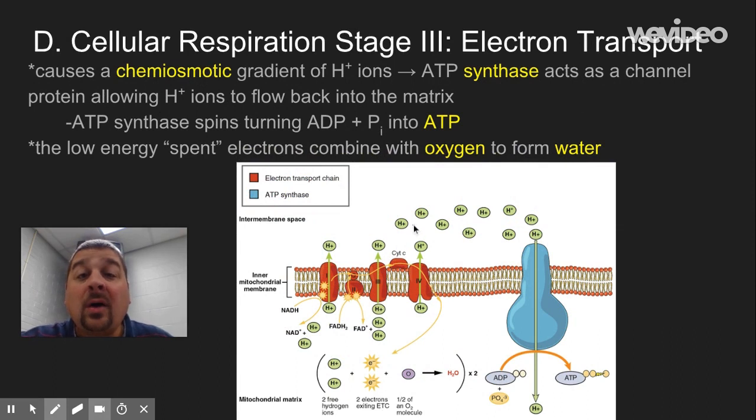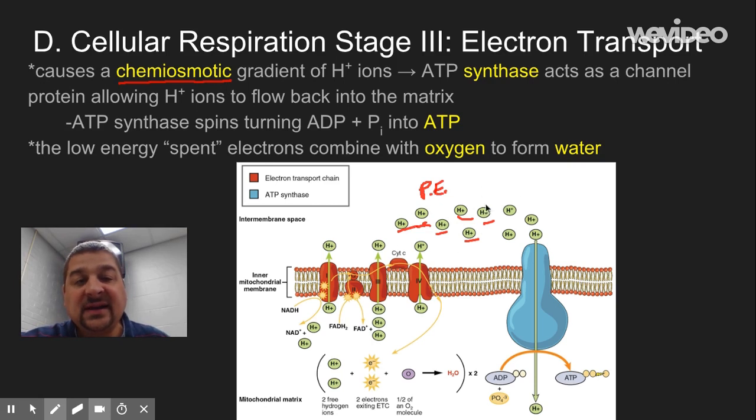Now remember, all those positive hydrogens do not like being close to each other. It's usually opposites attract in chemistry, so all these positive ions don't like being squished in that space. So where's their escape? Well, first we call that a chemiosmotic gradient. You should be familiar with that term. It's kind of like a form of stored potential energy.